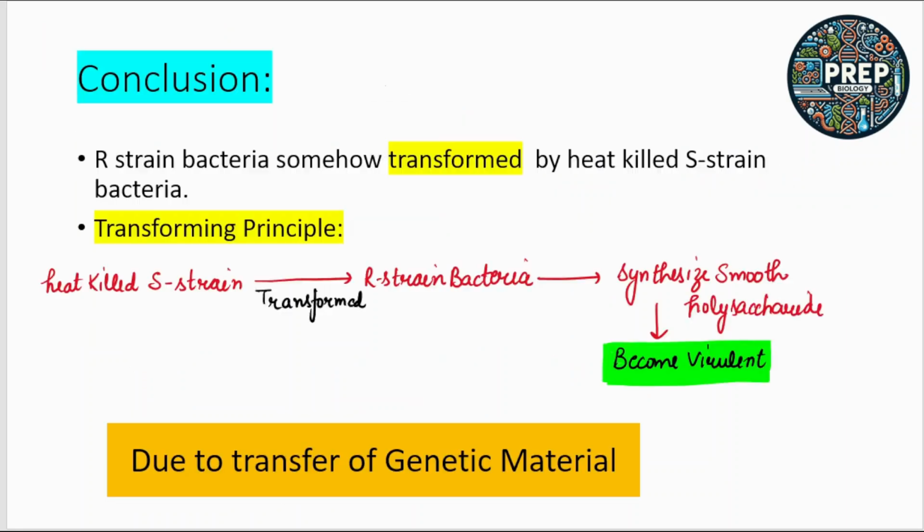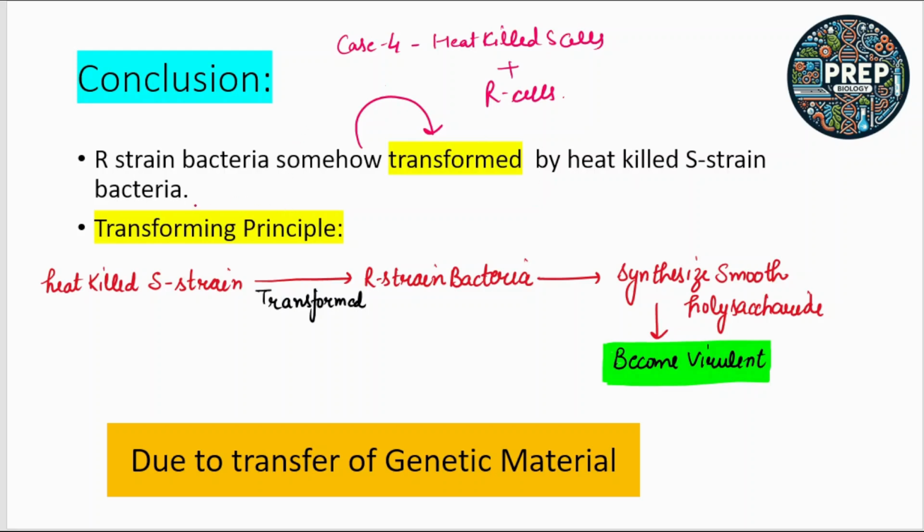The conclusion of this experiment is that in case 4, the R strain bacteria somehow transformed, because in case 4 we have heat killed S cells plus R cells. So he concluded that the R strain bacteria were somehow transformed by the heat killed S strain.